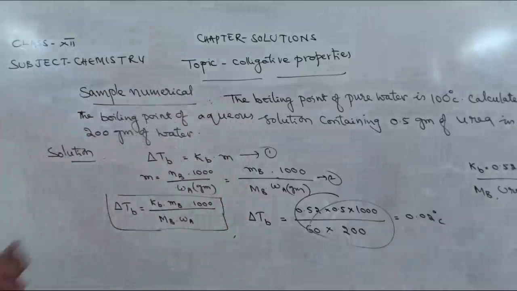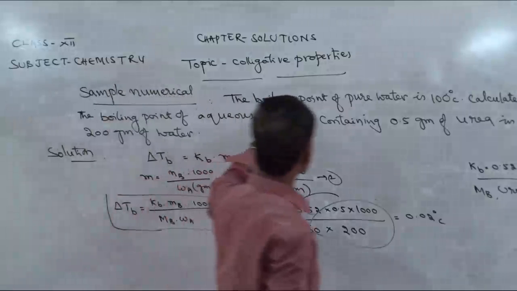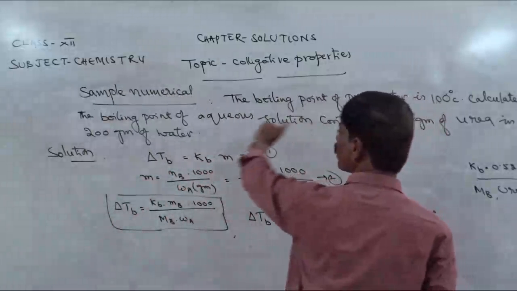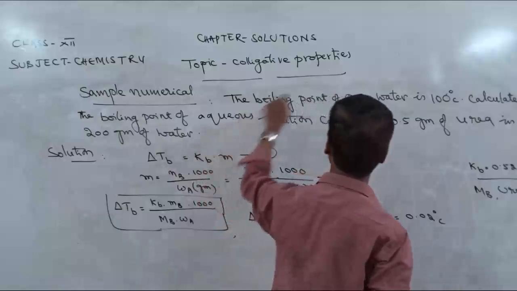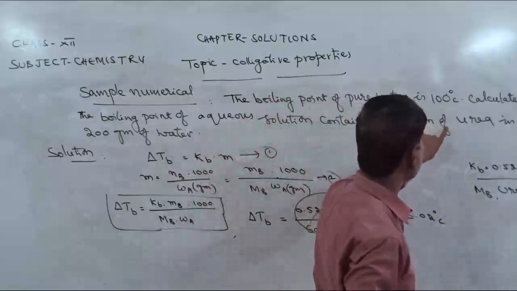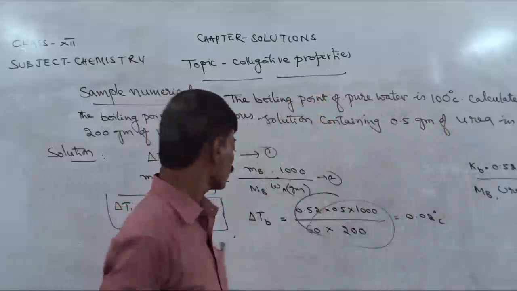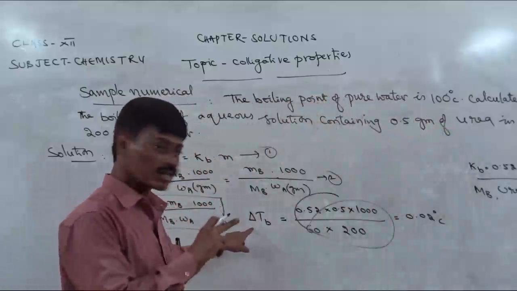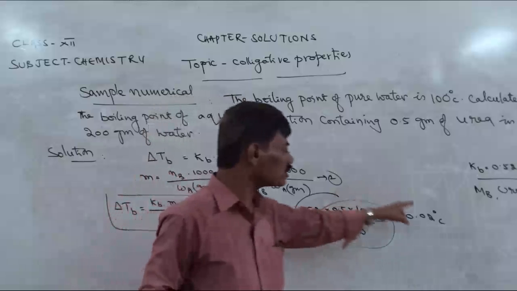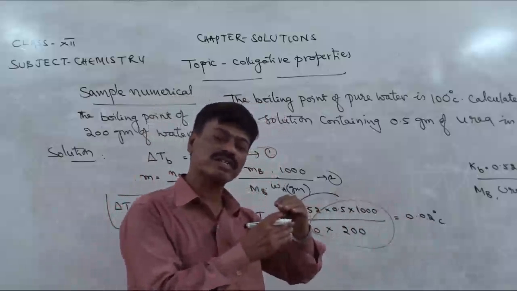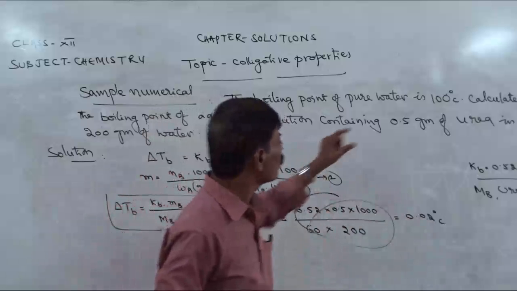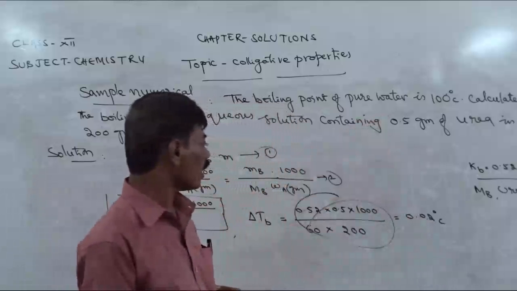Now, the boiling point of pure water is given, and you are asked to calculate the boiling point of the aqueous solution containing urea. That means when urea is added to water, the boiling point increases, that is elevated, delta TB. How much? 0.02 degrees centigrade. That much temperature is elevated when half gram of urea is added.